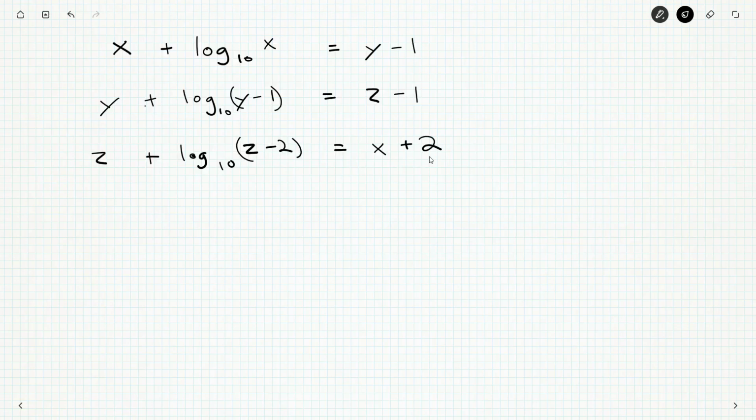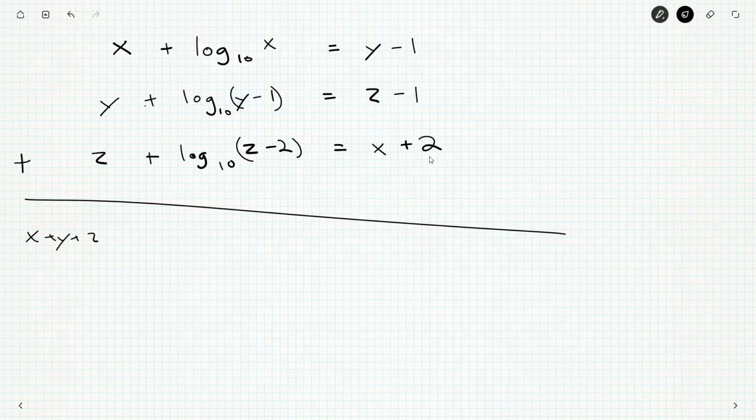Well, just off the top of my head, if we're exploiting properties of logarithms, a common thing to do when you're using systems of equations is to add up everything. And when we add logarithms, we get to multiply their insides. So this is actually x times y minus 1 times z minus 2.